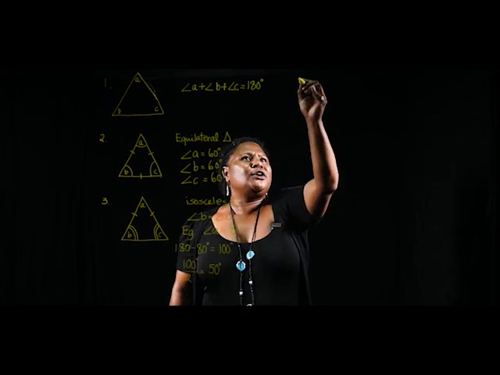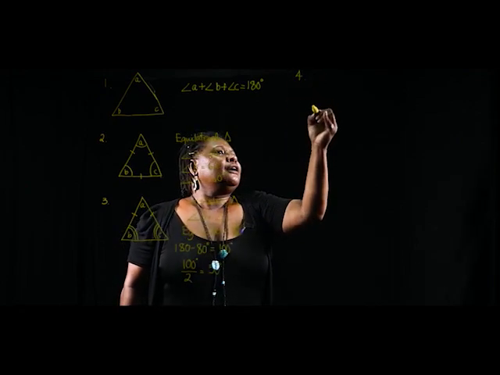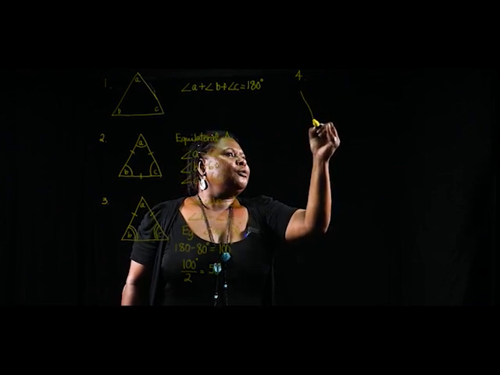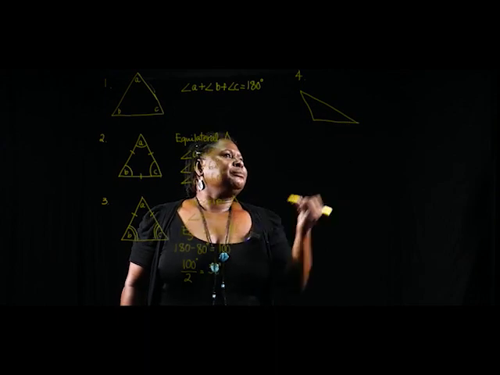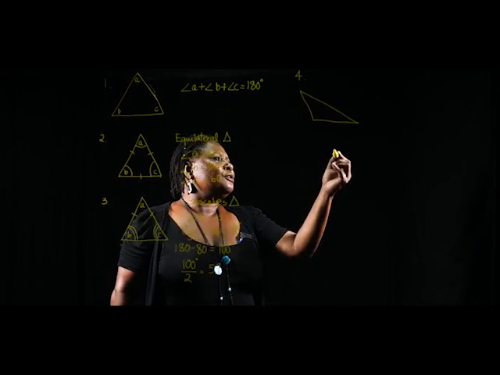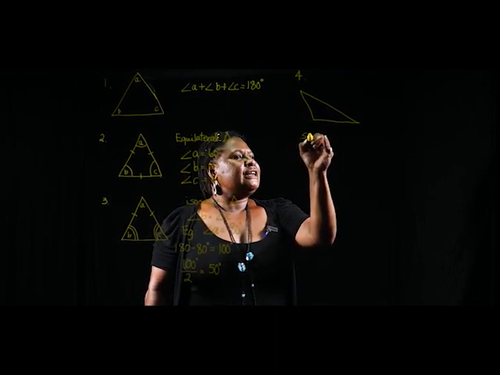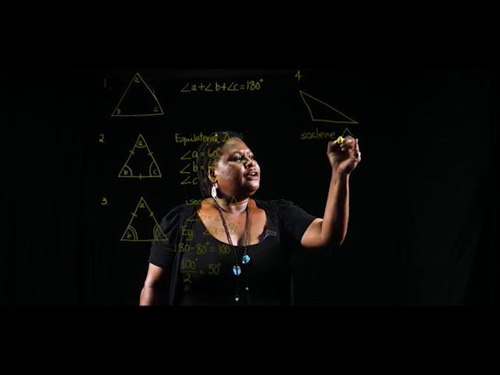The next triangle we are going to look at, all right? Again, we looked at this triangle in our last lesson. Okay? This triangle is known as the scalene triangle. All right?